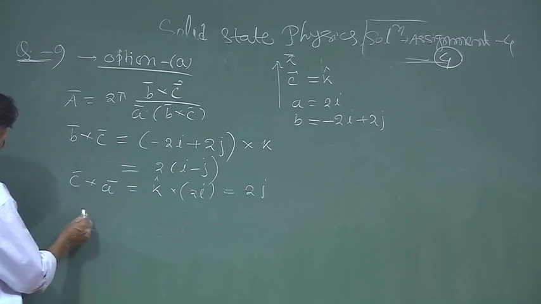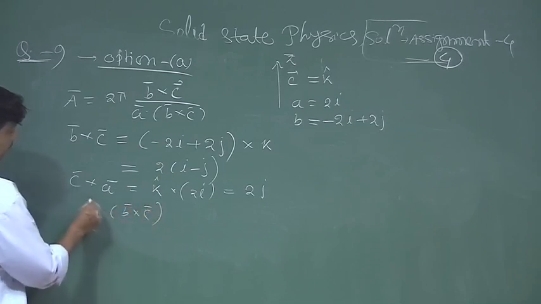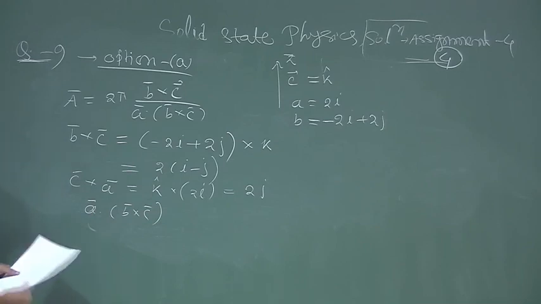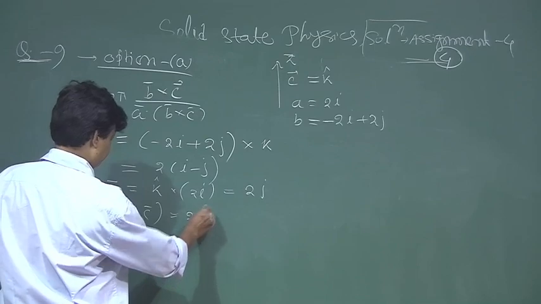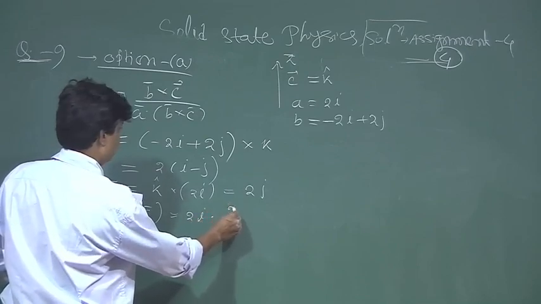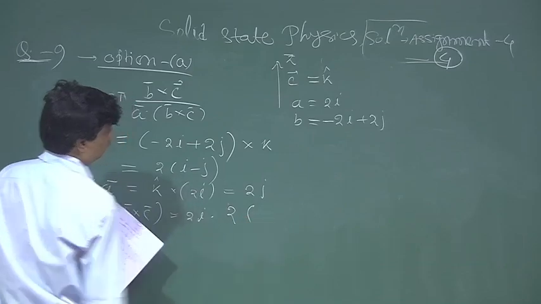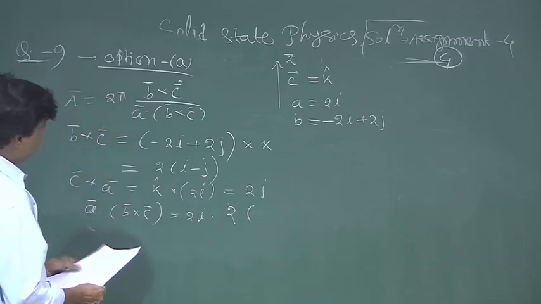Now also you do A dot B cross C. Here A is 2i dot 2 into (i minus j).